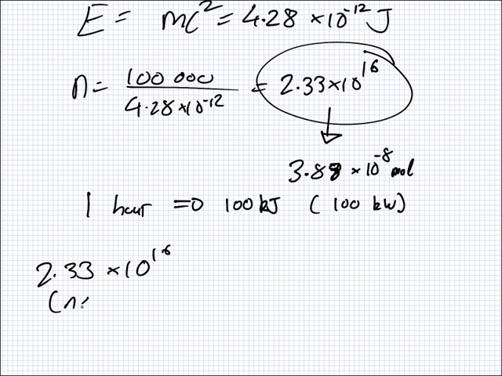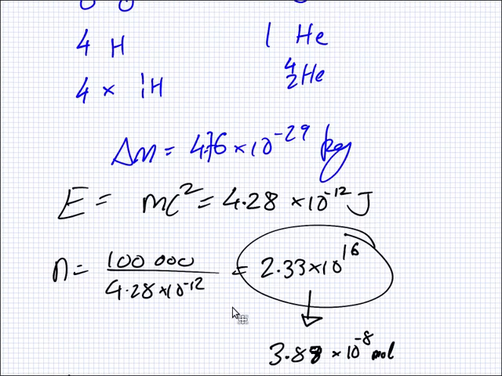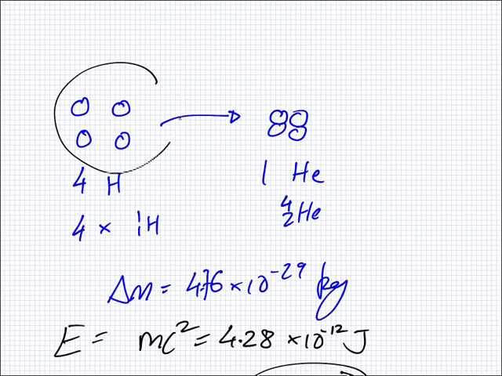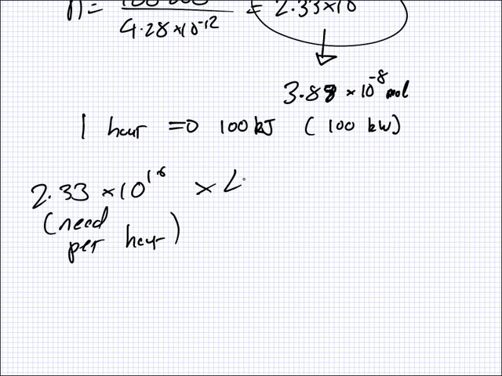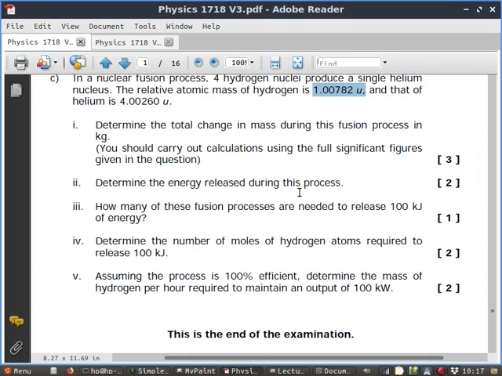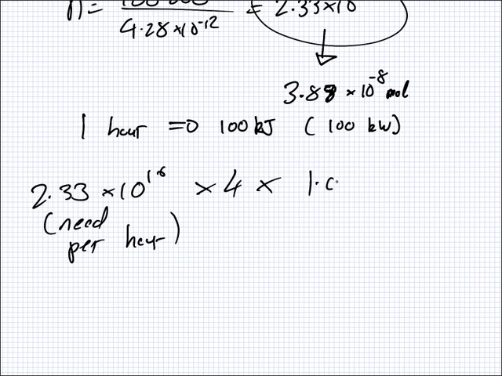This is how many you need per hour. And remember, each process uses 4 hydrogen. So we'll take this number and multiply it by 4 and then multiply it by 1.00782 U. That's what you'll need per hour.